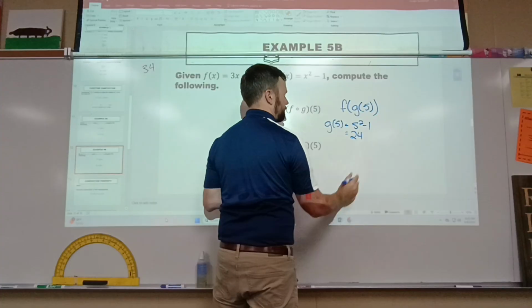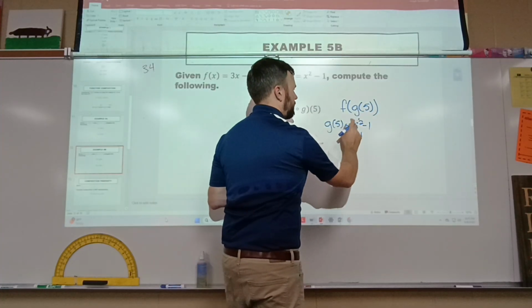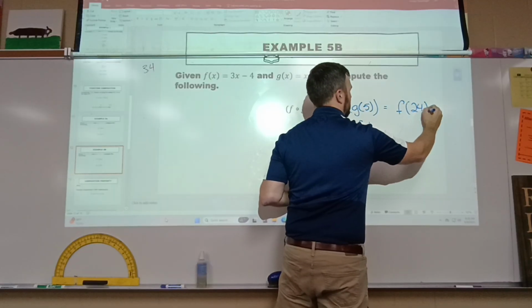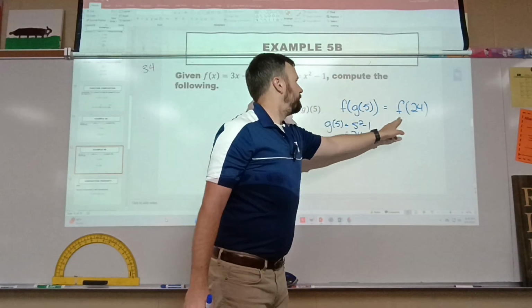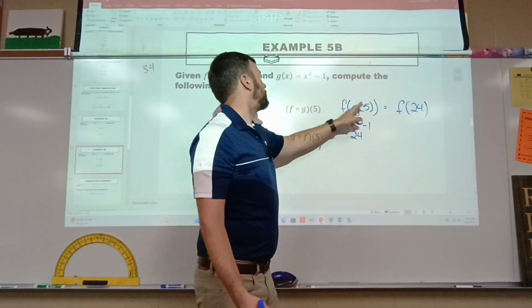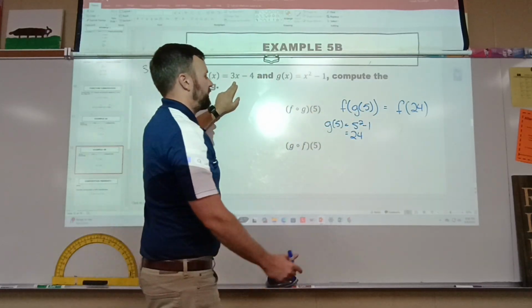Which is 24. So this is the same thing as f of 24. Why can I say that? Because g of 5 is 24. So then I take my 24 and I plug it into that.